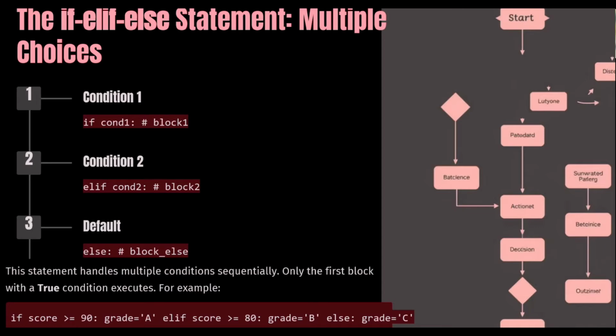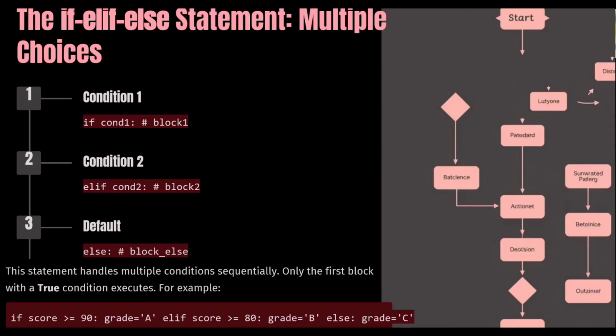The first condition is the if block, and the second condition is elif, which can be used n times. The default is else, which is optional. With multiple conditions evaluated sequentially, only the first block with a true condition executes.